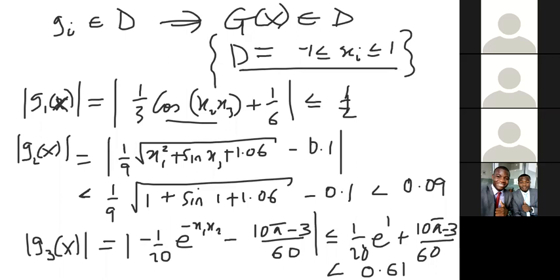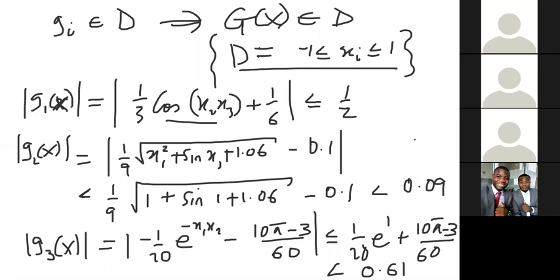For example, if I got this part to be maybe 1.52, then I'll say that this part is not in D, right? Because in D, I only have values between -1 and 1. Okay, I think I get it from there. Thank you.